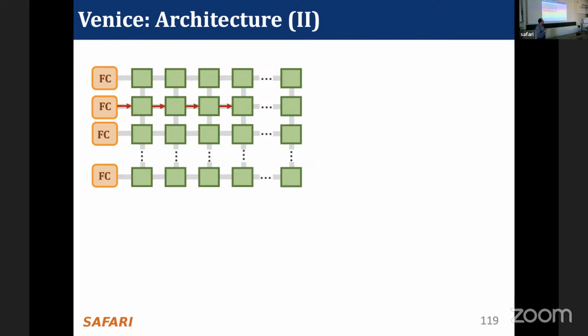But the way that we reserve a path is we send a scout packet to the network, and the scout packet goes to the next hop and tries to reserve a path. For example, here it goes from this flash chip to this flash chip and reserves this path.